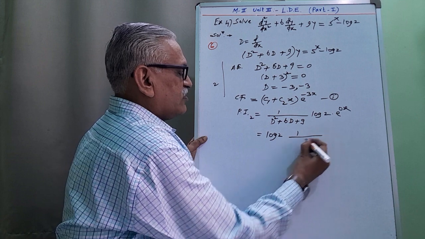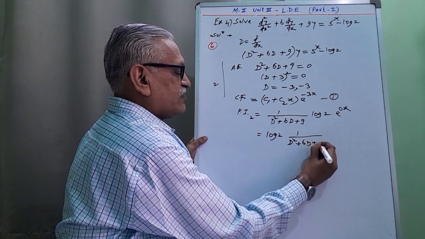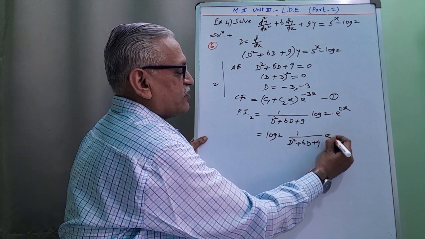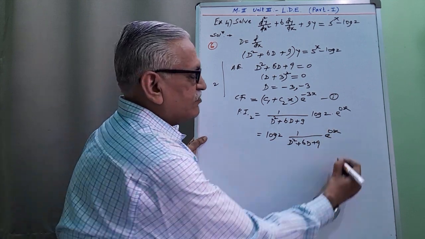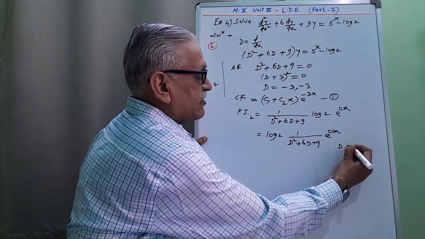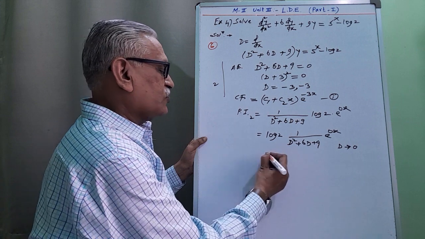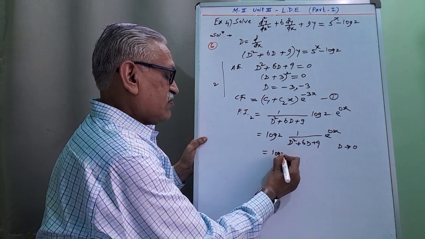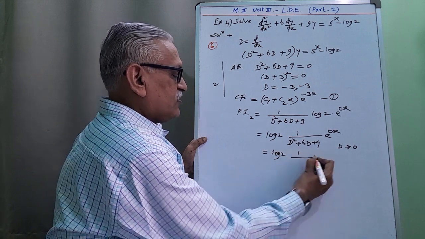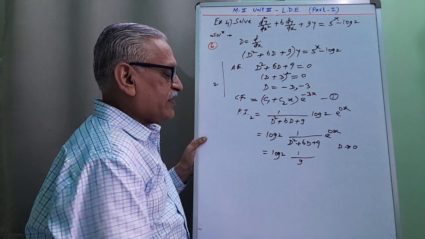And 1 upon D square plus 6D plus 9, which we have to operate on e raised to 0x. And as per that case, D is replaced by a. A is here 0. Therefore, replacing D by 0, we get log 2 into 1 upon 0 plus 0 plus 9, therefore 1 by 9.